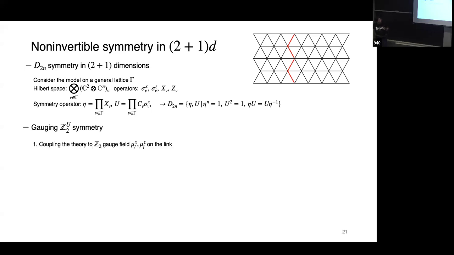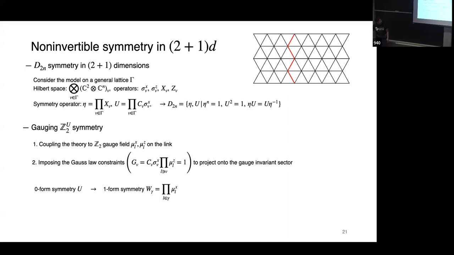To implement it directly on the lattice, we couple the theory to a Z2 gauge field on the links, and we impose the Gauss law constraints to project the extended Hilbert space to the gauge invariant sectors. And our symmetry operators will be transformed accordingly.